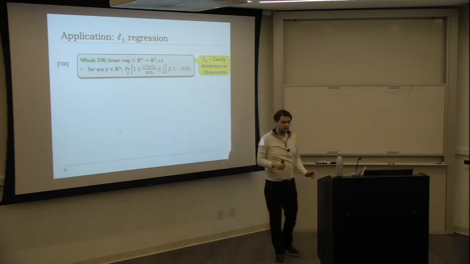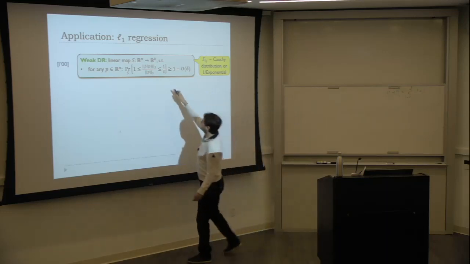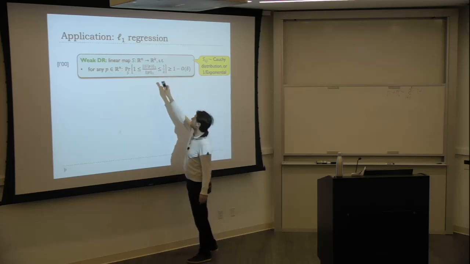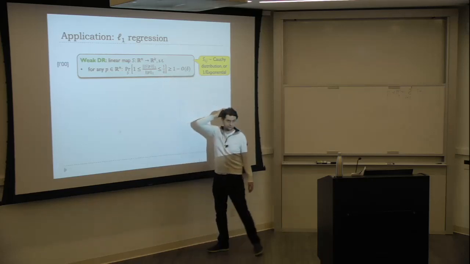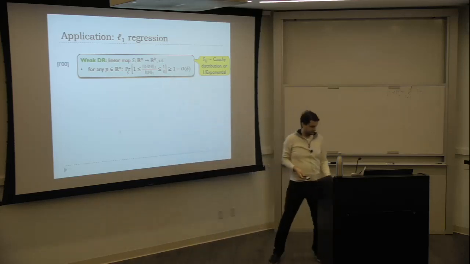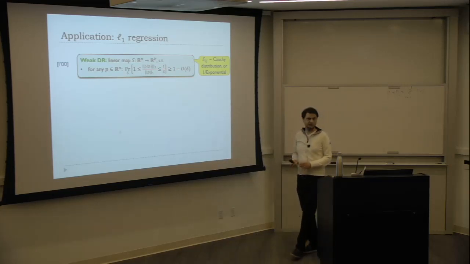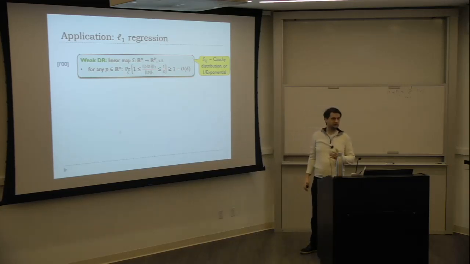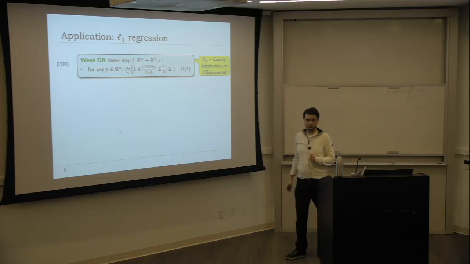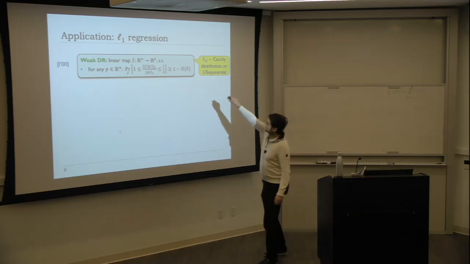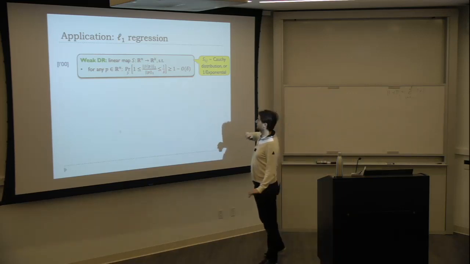Note that the approximation here depends on this delta. This is pretty bad. This is very, very different from what we had from normal dimension reduction. But this is somehow enough for us.